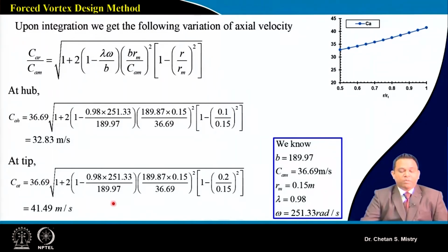Putting in these numbers, since we know B and the axial velocity at the mid station at different radii, the axial velocity at the tip is 41.49 meters per second. So near the hub the axial velocity is lower, and near the tip region it is higher. This is somewhat different compared to what we did for our fundamental method and the free vortex method, where we assumed the axial velocity to be constant. Here in this case the axial velocity varies.